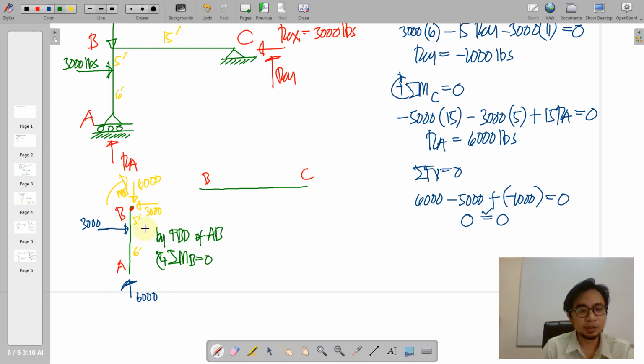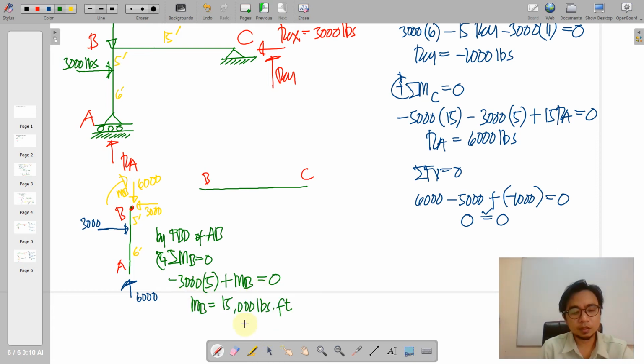Obviously, 3,000 will just have the rotation counterclockwise. So counterclockwise, negative 3,000 times 5, and then plus moment at B, that is equal to 0. So moment at B is equal to 15,000 pounds foot. So we have here a positive. So meaning your MB is really going clockwise.